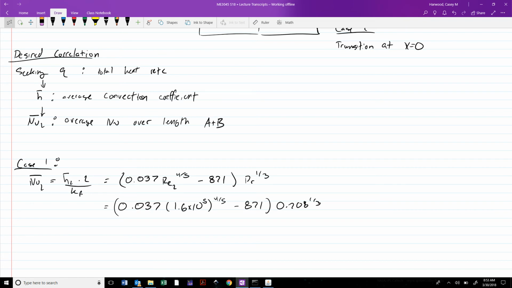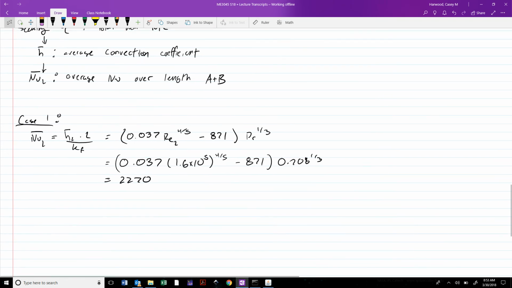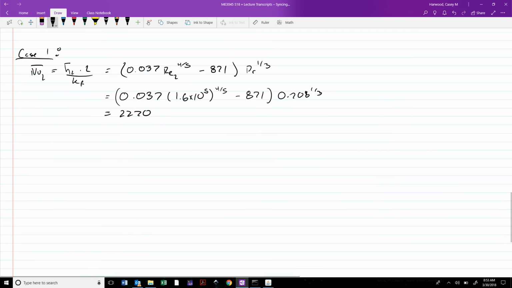Which is going to get us a value of approximately 2,270. Okay. So we can go ahead and extract h bar from that and then use h bar to get the total heat rate. So why don't you guys just finish off those last couple of steps.